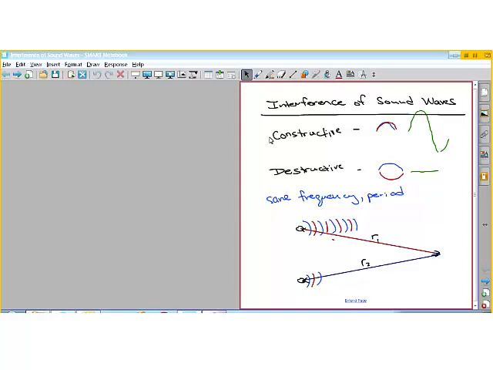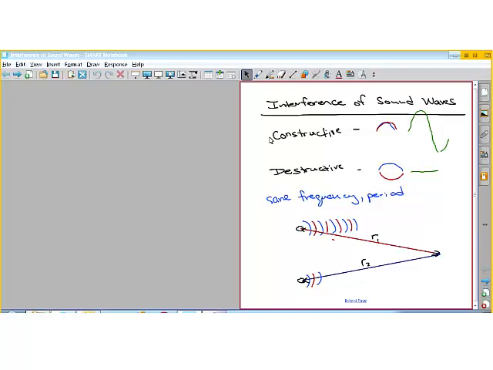They don't have to be exactly in sync to have interference, but they do have to be the same frequency. Normally you do arrange it so they are not only the same frequency but in sync, driven by the same electrical signal.